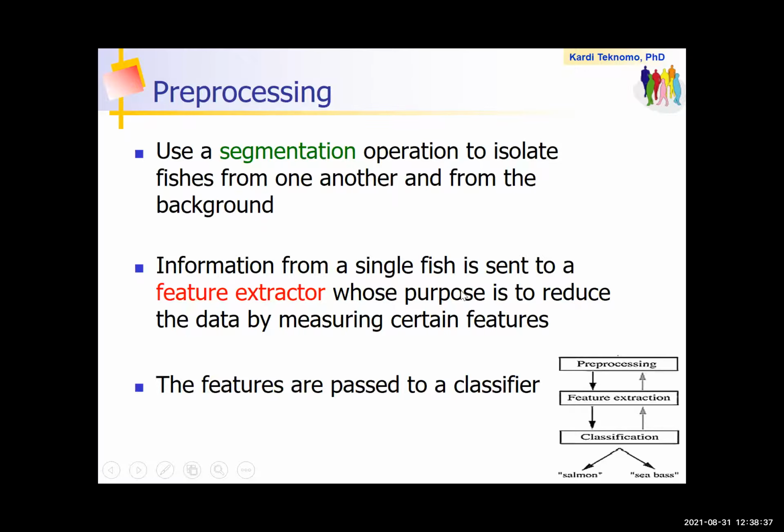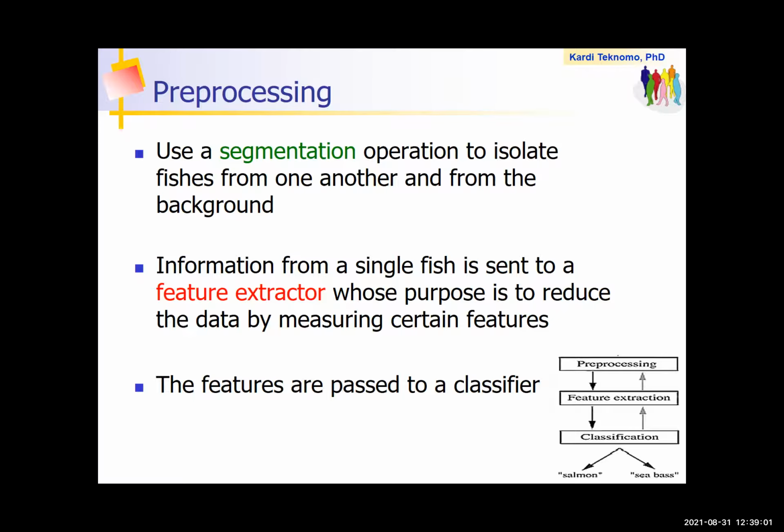Then we do pre-processing. We do what is called segmentation to separate the fish from the background. In the camera you have foreground and background. The foreground is the fish, the background probably the tray.